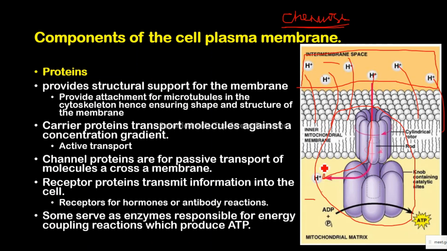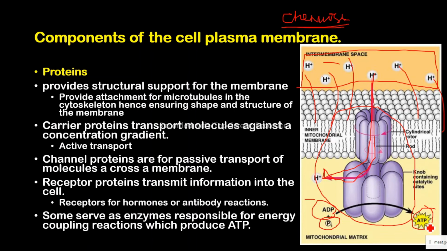Now, because of this difference in concentration gradient, as these ions are passing through this channel, this protein is going to use that electrochemical gradient to add an inorganic phosphate on ADP to form ATP.